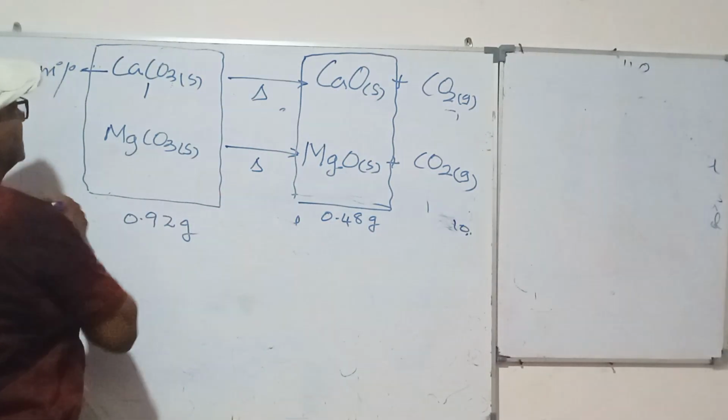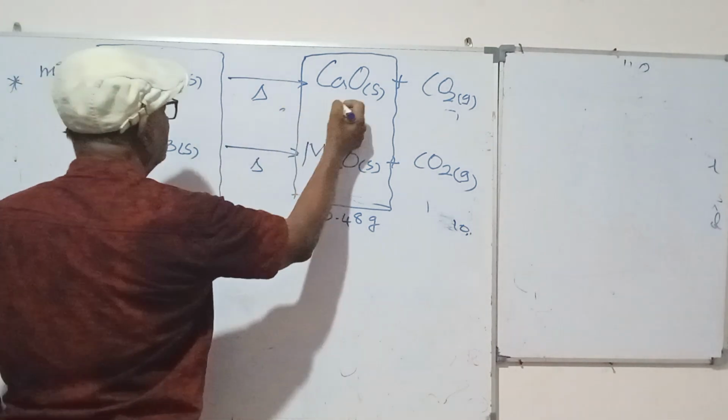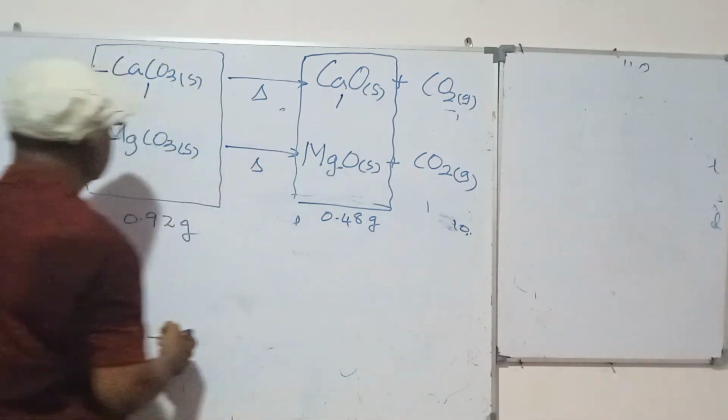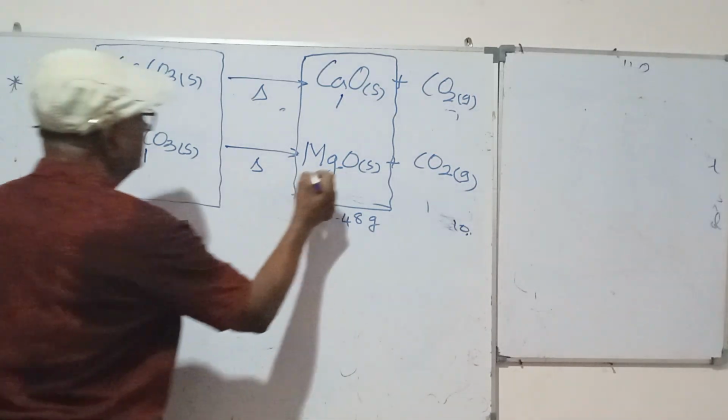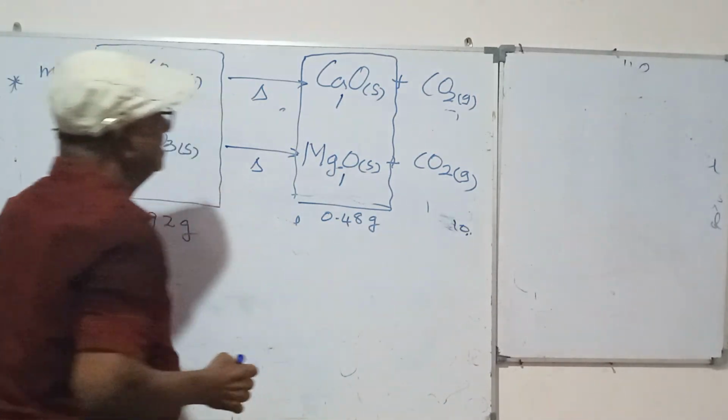1 mole of calcium carbonate gives 1 mole of calcium oxide. 1 mole of magnesium carbonate gives 1 mole of MgO solid.